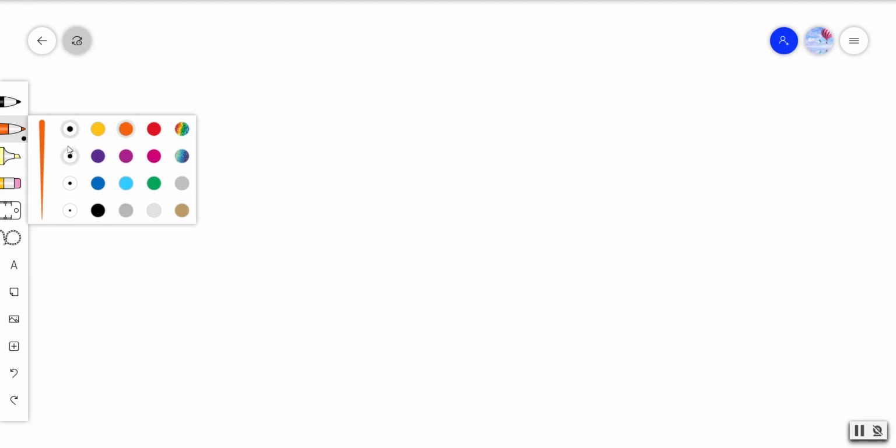So now another second classification that we are going to take is on the basis of plant body. Let me take another pen as well, to make it a little bit interesting. On the basis of plant body.